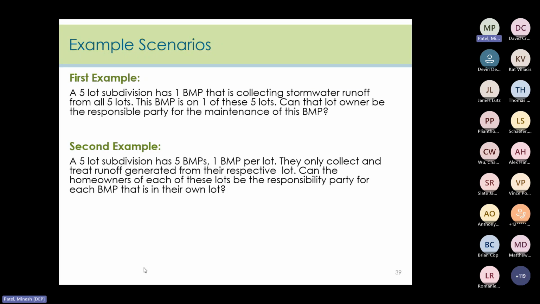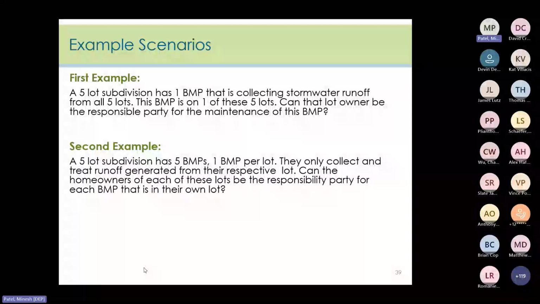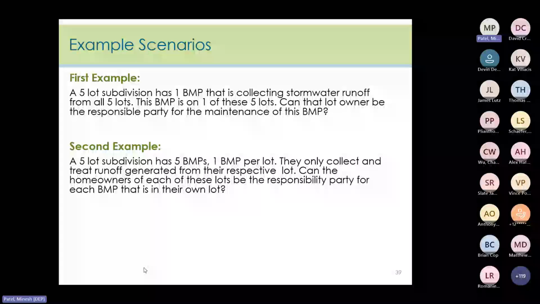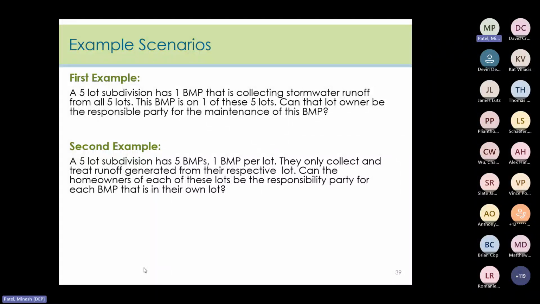And then example 2: a 5-lot subdivision has 5 BMPs, 1 BMP per lot. They only collect and treat runoff generated from their respective lot. Can the homeowners of each of these lots be the responsible party for each BMP that is in their own lot? So take a couple seconds here, think about that before we review the answer.